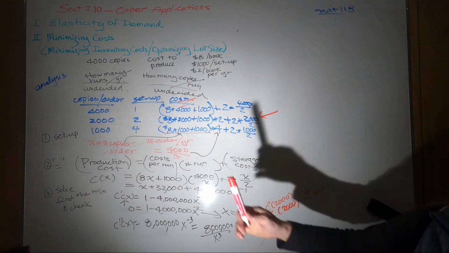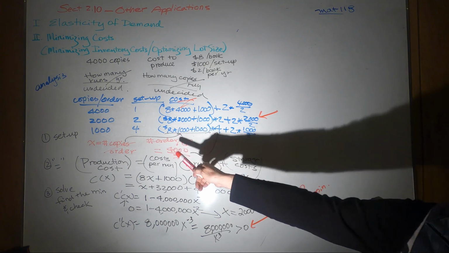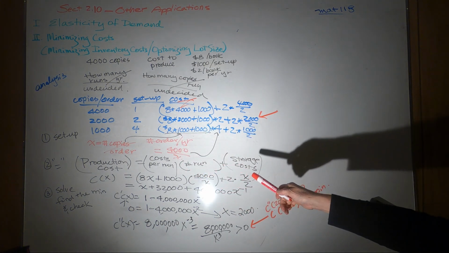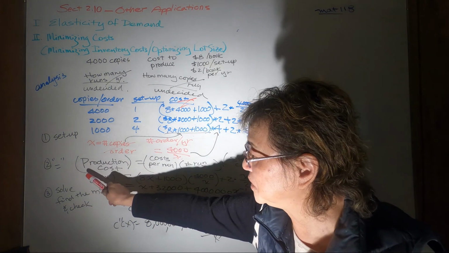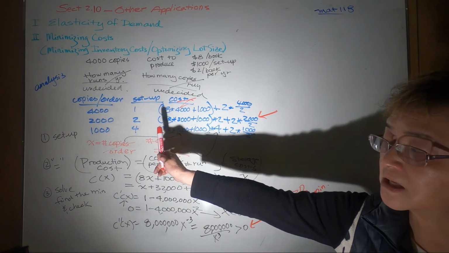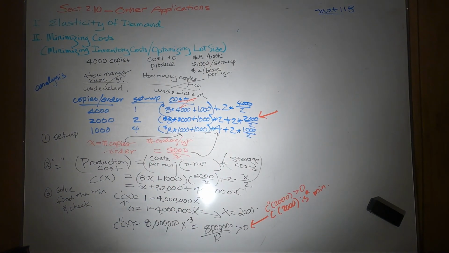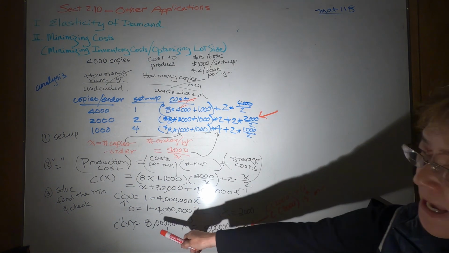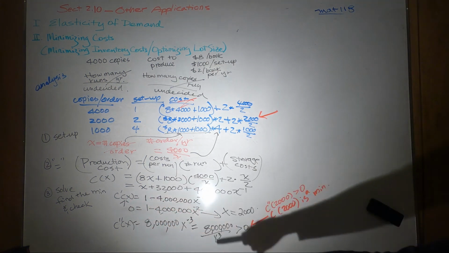So usually you set up first with your X as one variable. Then second one, write your equation as a cost function or profit function, right? Then third step, just like in our algebra class 154A, we solve the equation.